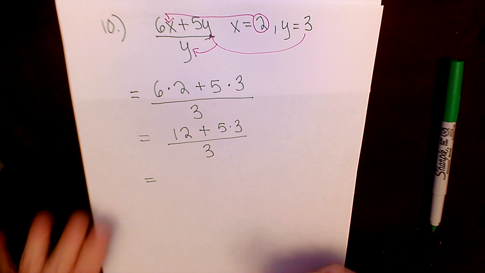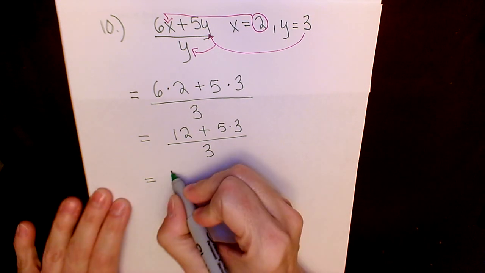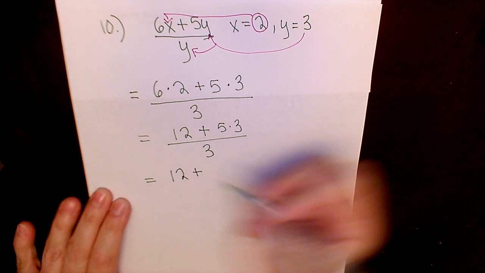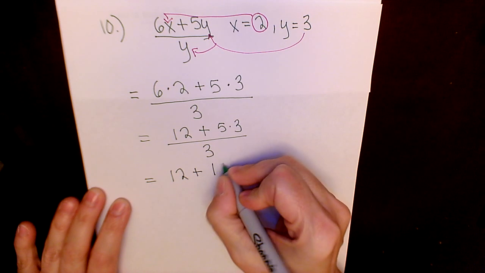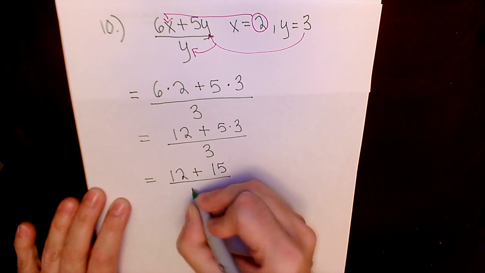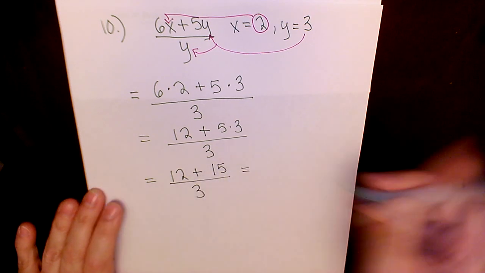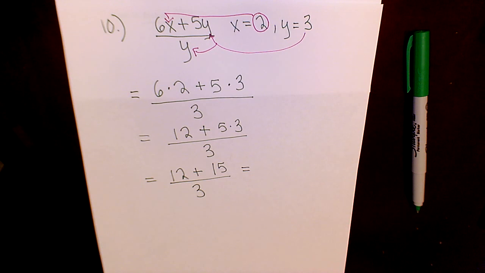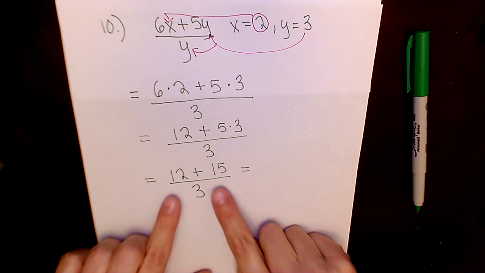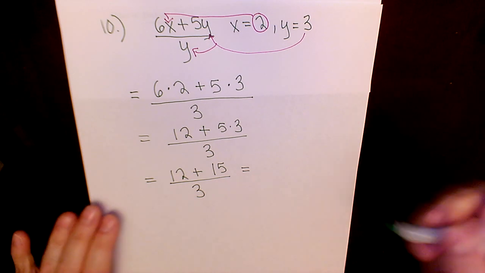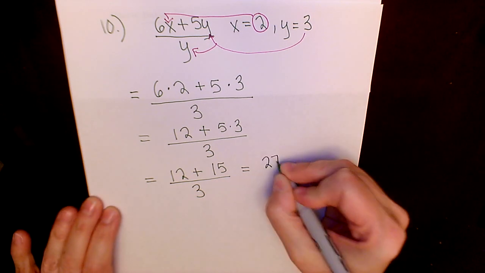And then I'm going left to right, 5 times 3. 5 times 3 is 15. Now I'm going to finish up that top, and I'm going to do 12 plus 15, and 12 plus 15 is 27.